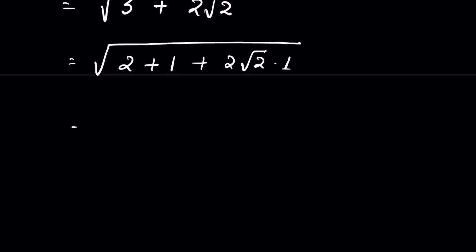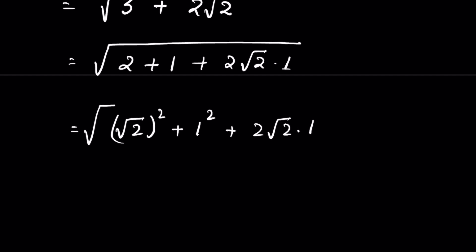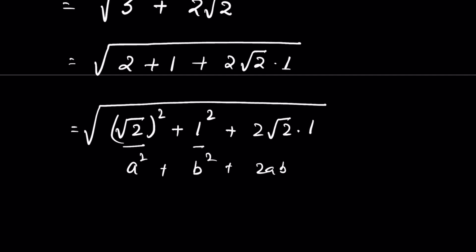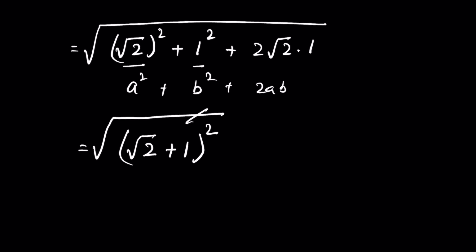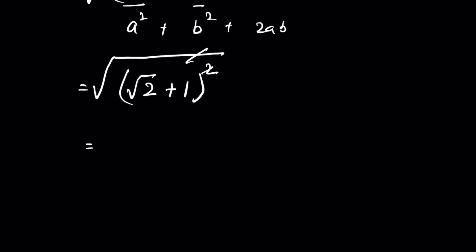Now 2 we can write as the square root of 2 squared plus 1 squared plus 2 times the square root of 2 times 1, under the square root. Again, if the square root of 2 is a and 1 is b, then this is a squared plus b squared plus 2ab. So this we can write as the square root of 2 plus 1, whole squared, under the square root. Now remove the square root with this square. So the answer is the square root of 2 plus 1.